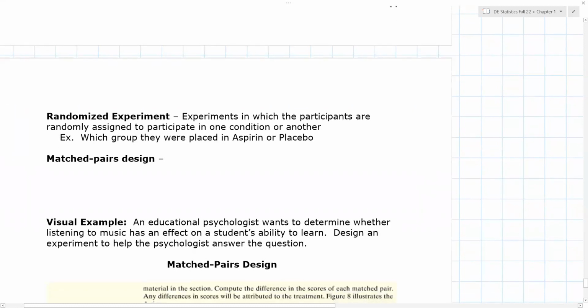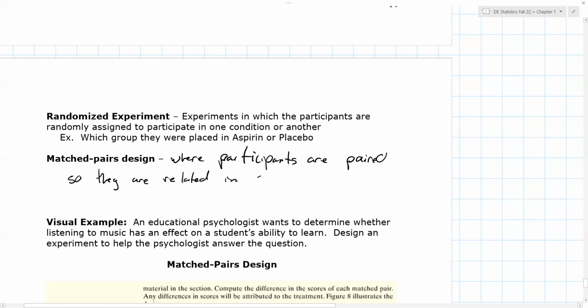Next, we have a matched pairs design. In a matched pairs design, as the name implies, this is where participants in the experiment are paired up so that they're related in some way.